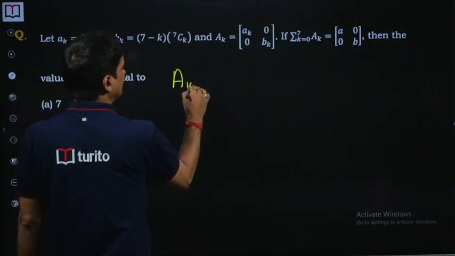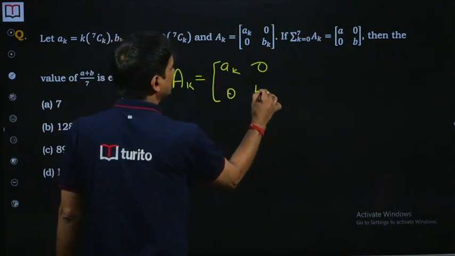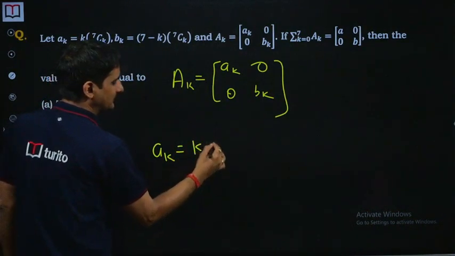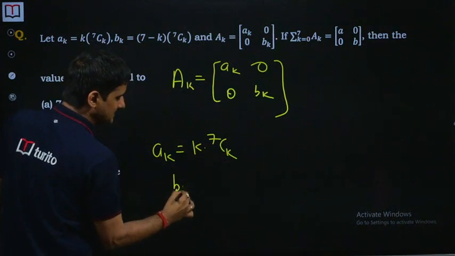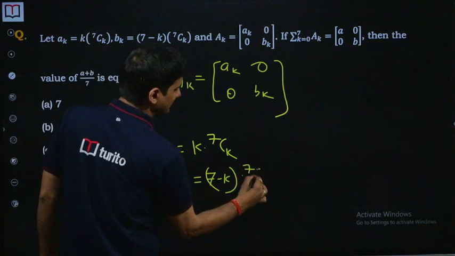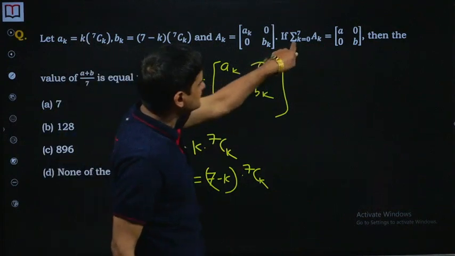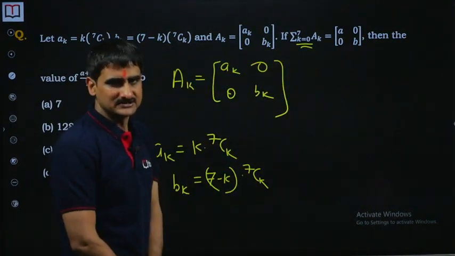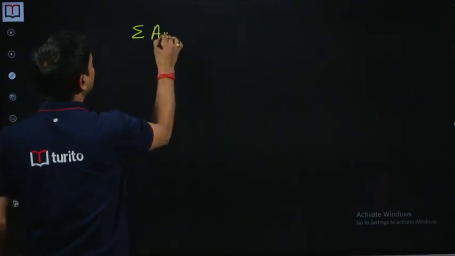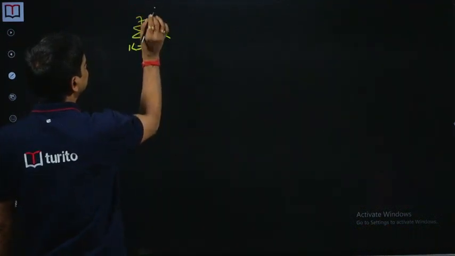There's a matrix which is [A_K 0; 0 B_K]. Now what is A_K? A_K is K times 7CK, and B_K is (7 minus K) times 7CK. Now what do we need? We need the sum of all these matrices. So first try to write it: summation of the matrices when K goes from 0 to 7.